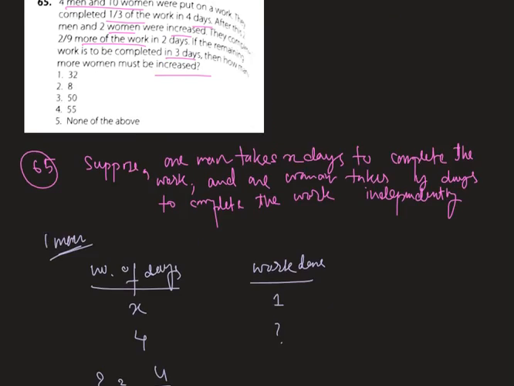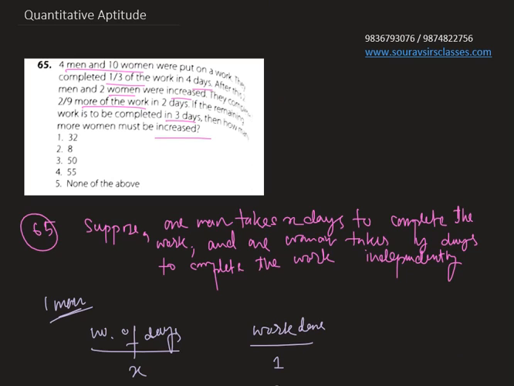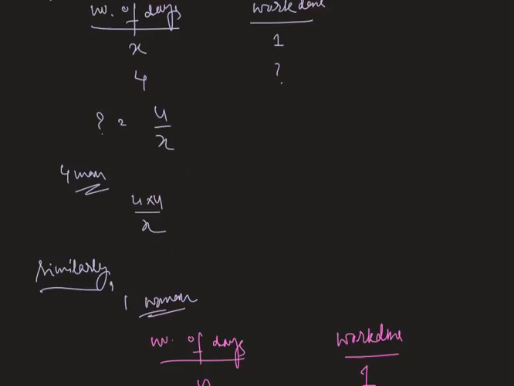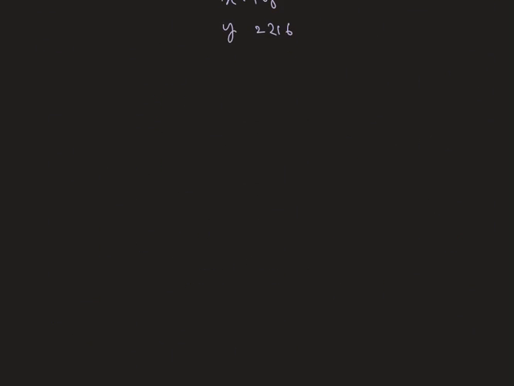Now we are asked that if the remaining work is to be completed in 3 days, then how many more women must be increased? Let Z women be added to complete the work in 3 days.